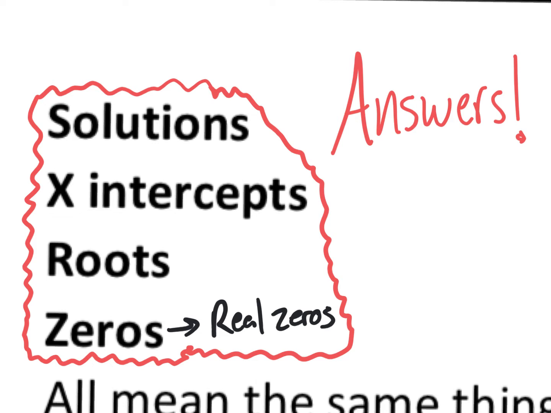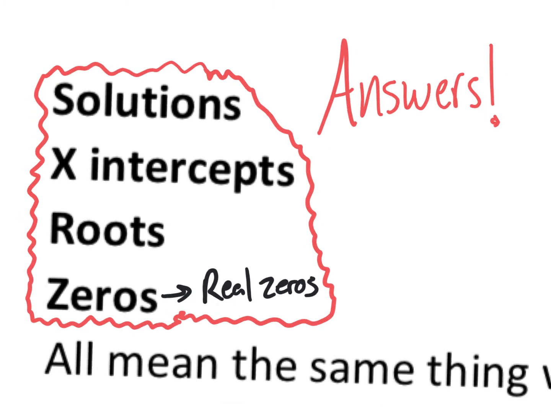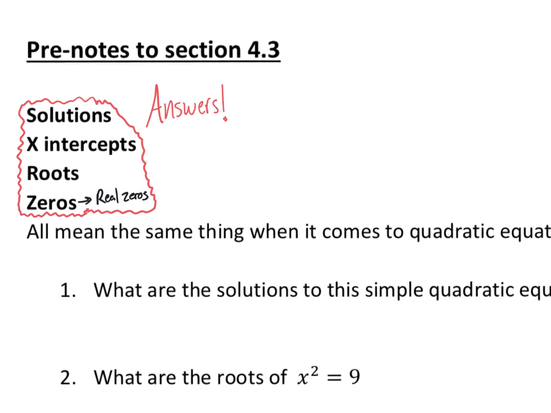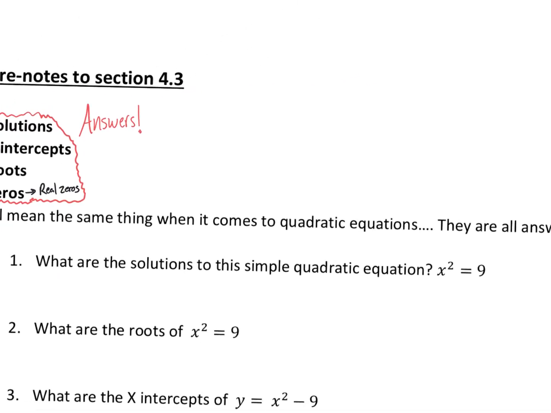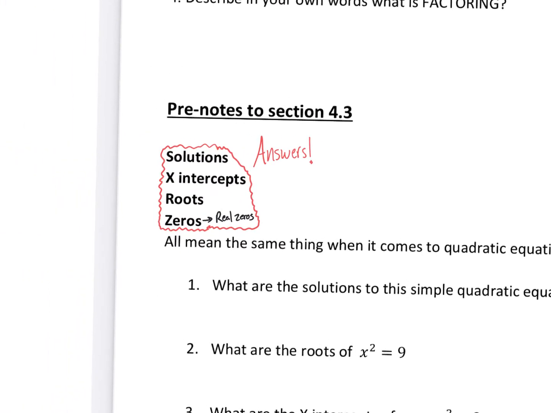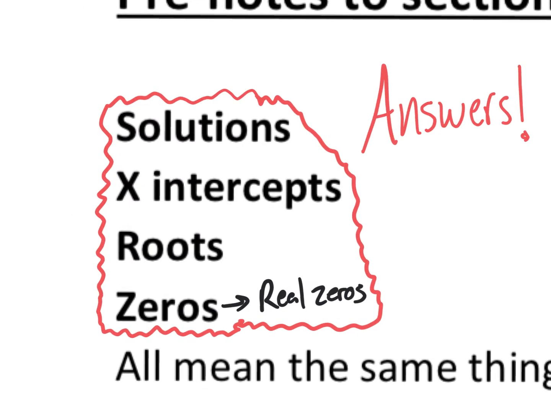The roots, the zeros, the real zeros, all of those just mean answers. And if you do look at the PDF and actually read right below it, it says all mean the same thing. When it comes to quadratic equations, they are all answers, okay? So that's what we need to learn today.